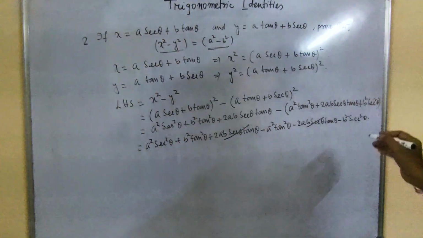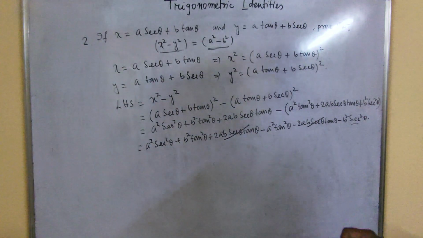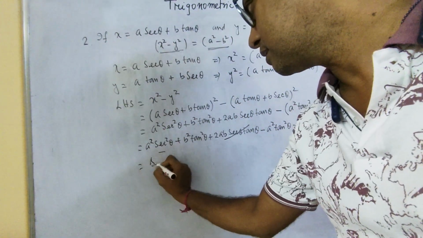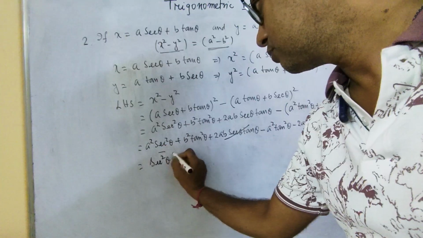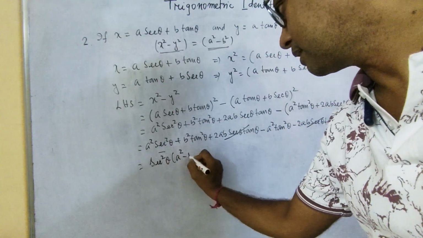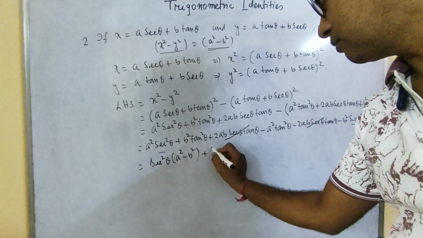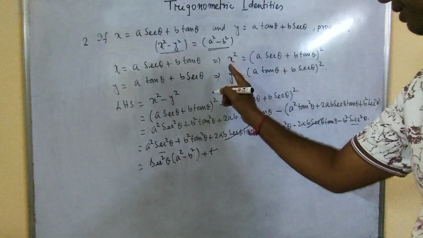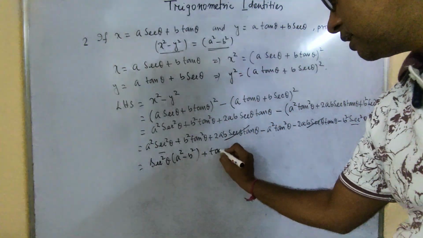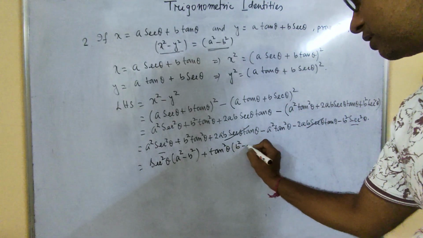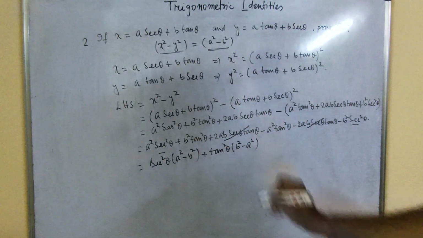Here we may take common sec square theta, and here also sec square theta. So sec square theta is common, so we get a square minus b square. Similarly, we take common tan square theta, so it is b square minus a square.